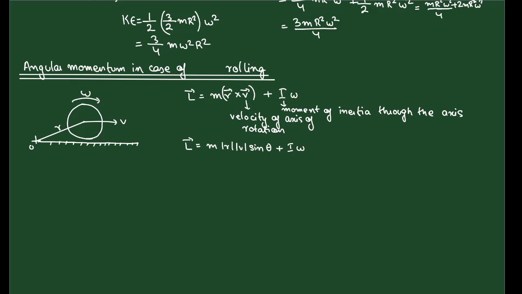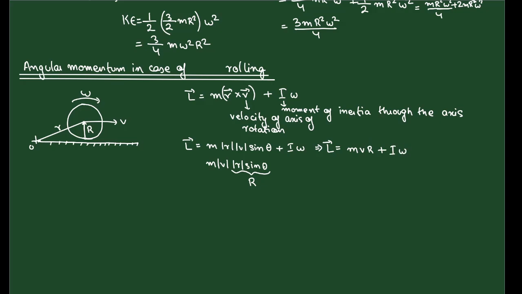Now if I rewrite this as mv into the magnitude of r sin theta, if you observe properly, r sin theta is nothing but this capital R, the radius. So angular momentum is nothing but mvR plus I omega.